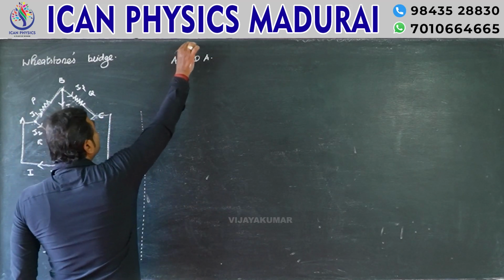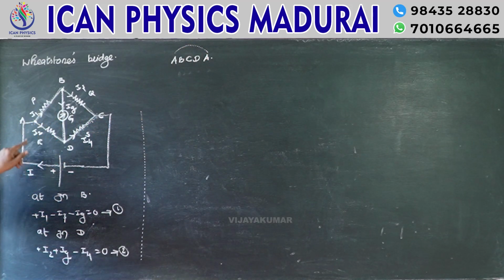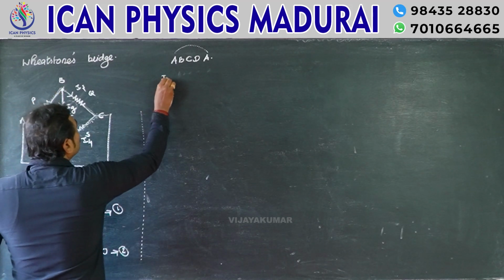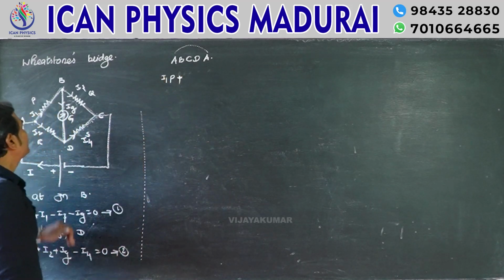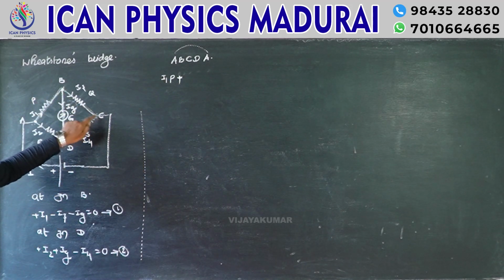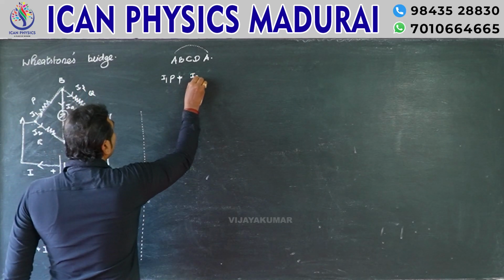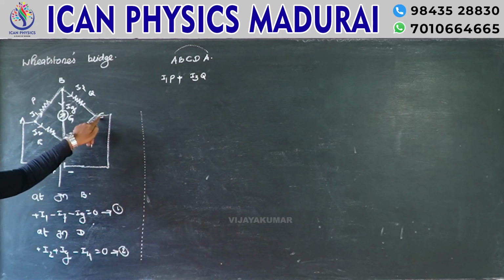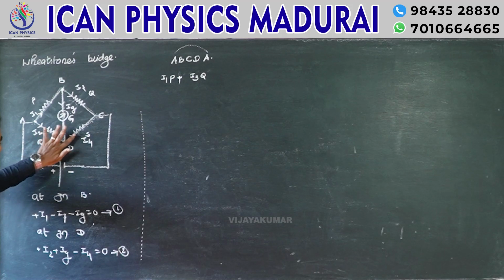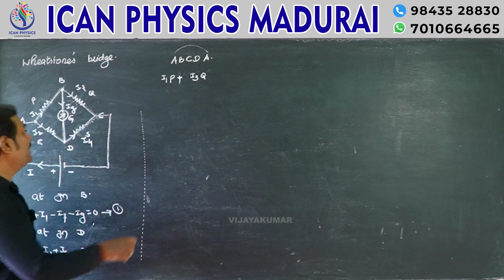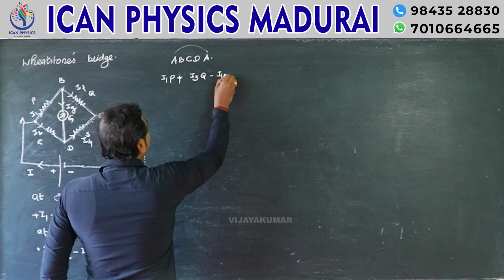So A, the product of current and resistance in the arm A to B is I1 into P. Plus, in the arm B to C, I3 into Q. In the arm C to D, I am moving from C to D, but the current is flowing in the opposite direction, so minus I4S.